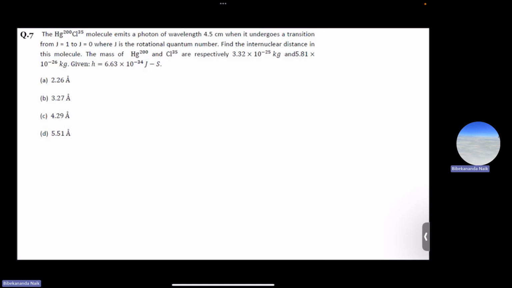We will simply calculate the reduced mass by putting in those values of mass that are already given to us. Using those, we will calculate the internuclear distance that we have been doing all through today's interaction. More or less, we have solved all these types of problems. I'll give you a few minutes to try this question, then I will discuss.